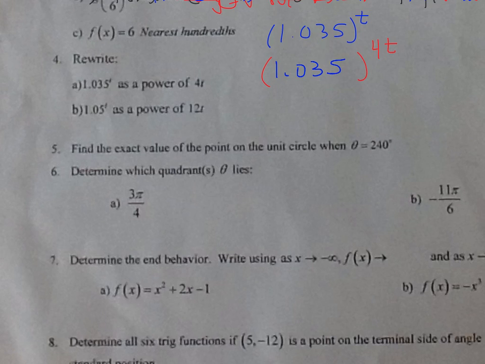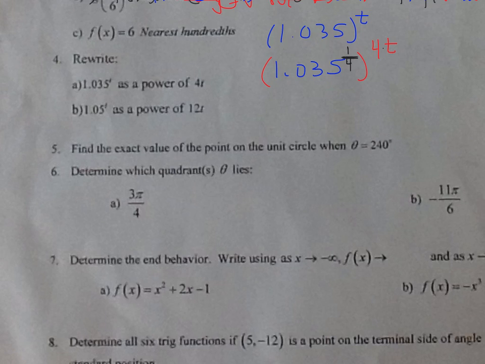So it's going to be 1.035. Now, what exponent can I give my base so that when I have a power to a power here, right? I have this power, I'm going to have a power to a power, and powers to powers, we multiply the powers. So what exponent can I give my base so that when I multiply my powers, I actually just get t? So that would actually be 1/4.